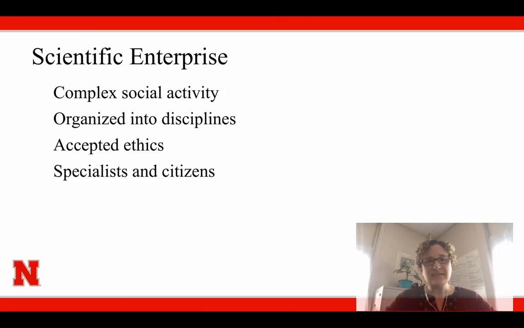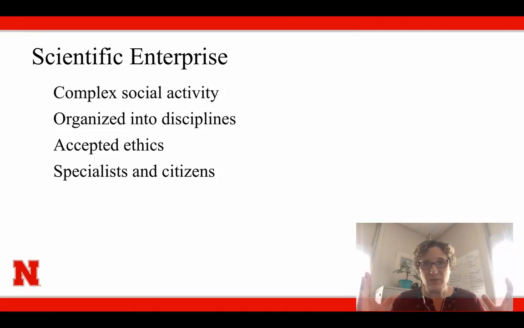The scientific enterprise, as we talked about a little bit just on that last slide, it's a very complex thing. It's complex at the international, national, local, regional, global level, individual level. It's a complex social activity. It's not just a person operating in a vacuum. It's lots of people looking into the scientific enterprise. Science is organized into disciplines.